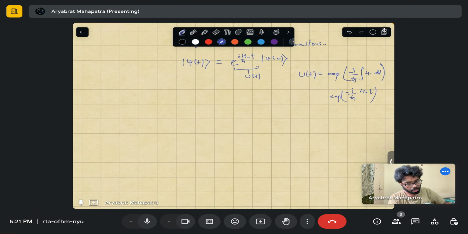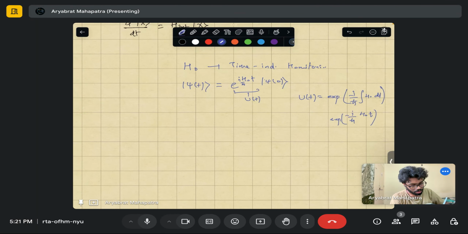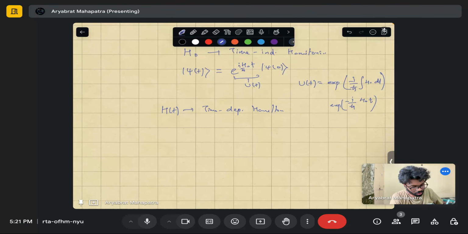But if I have a time dependent Hamiltonian, let's say this is the time dependent Hamiltonian, then I cannot write psi of t as exponential of minus i H t over h bar times psi of 0.